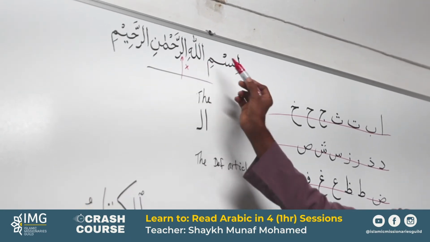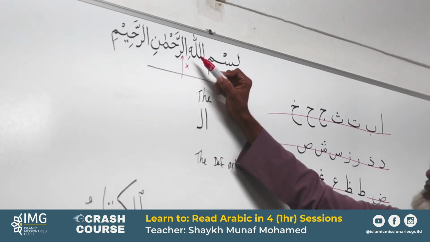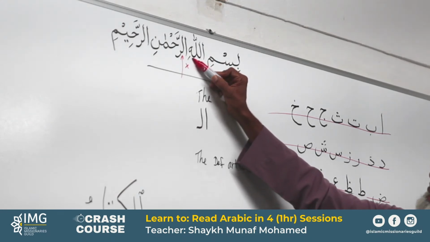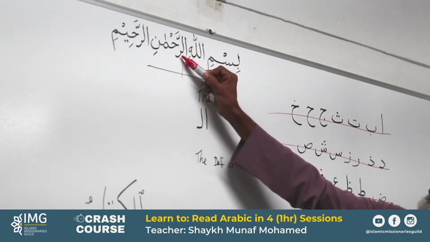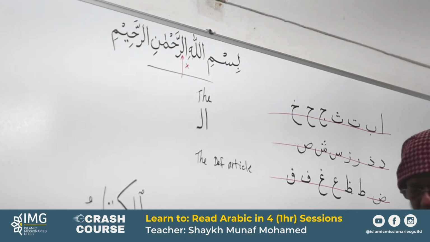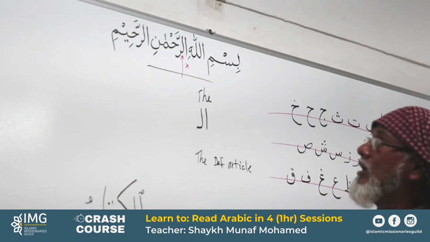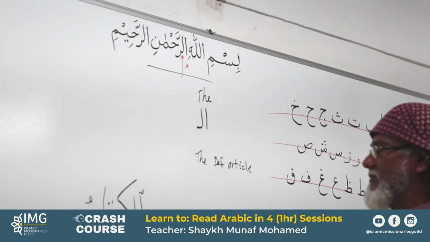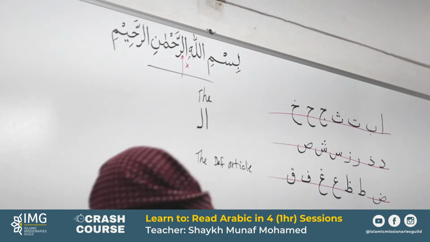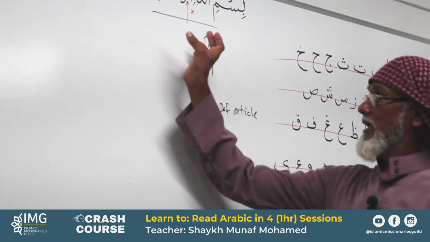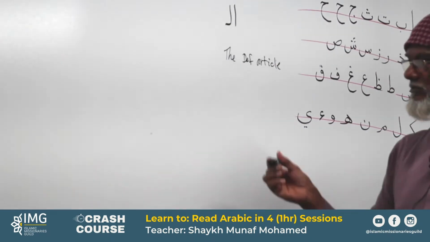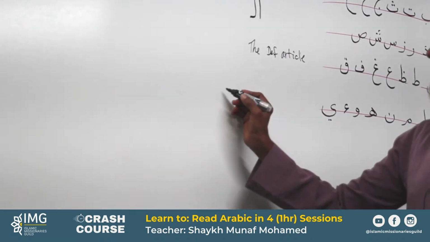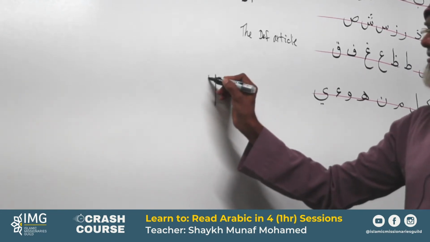So then when I'm reading this, I have to take this letter here and join it straight to the ra. Remember what we said before. Whenever you see a shadda, it means that the letter is doubled. So if we were to break up this word, we will have something looking like this.